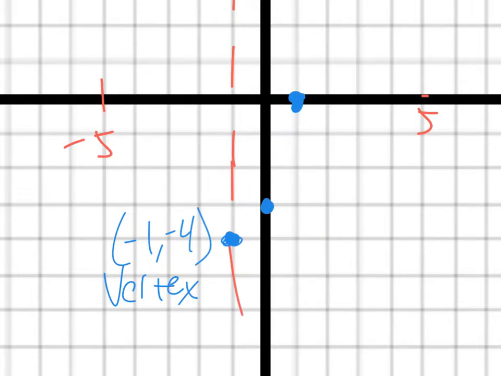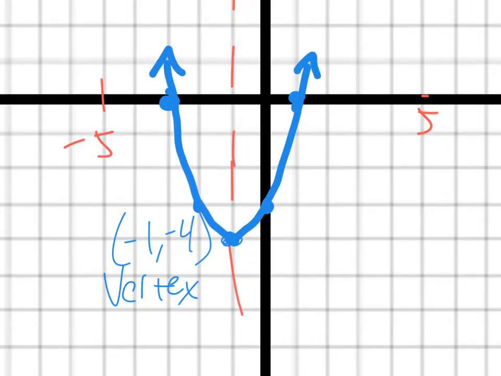Left 1, negative 1 squared is 1, and negative 2 squared is 4: 1, 2, 3, 4. So the shape is the same as y equals x squared. There's our parabola.